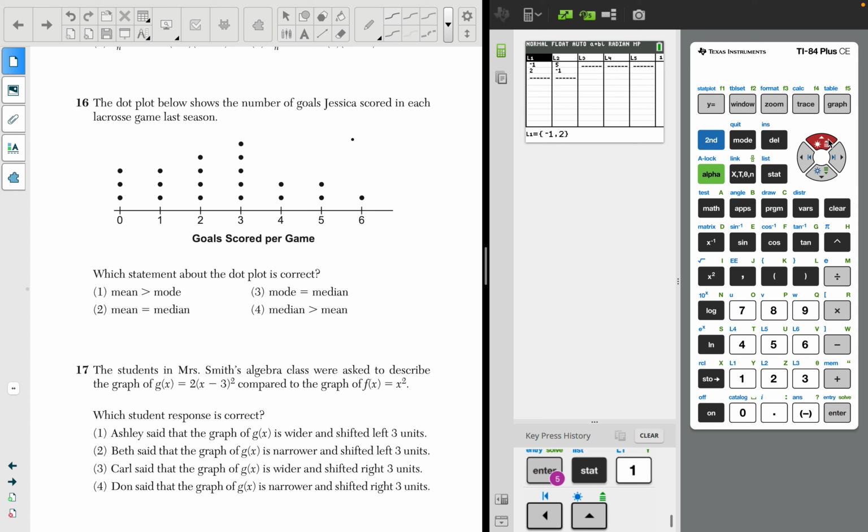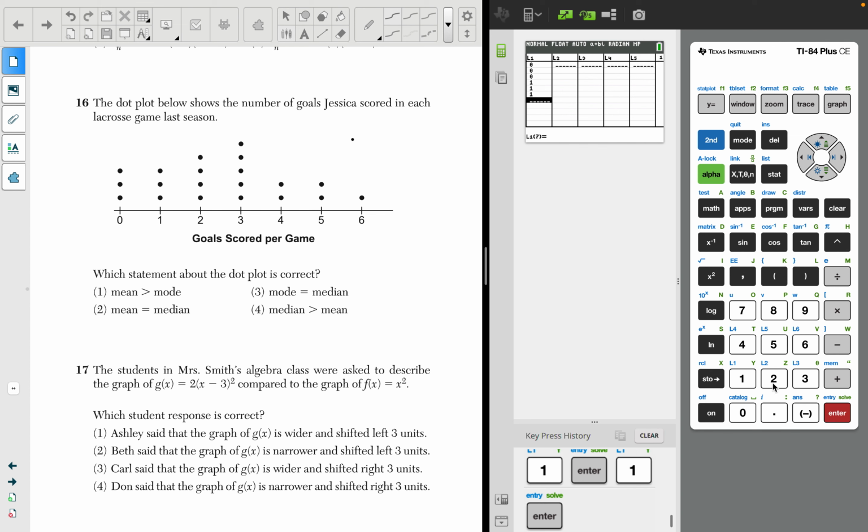So let's clear L1 and L2. Again, it's stat edit to get the screen. Now we're going to input 0, 0, 0, and you're going to input it all into L1. Then 1, 1, 1.